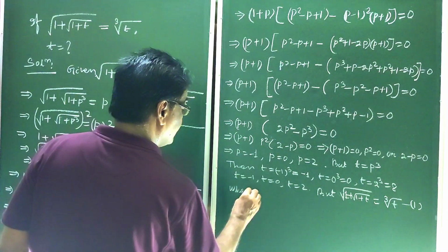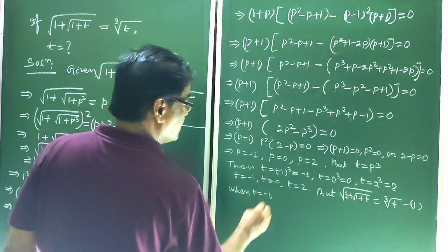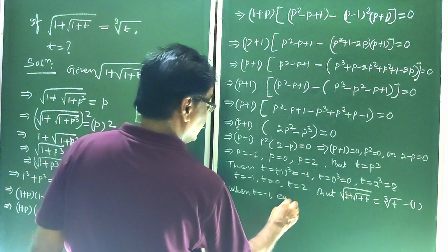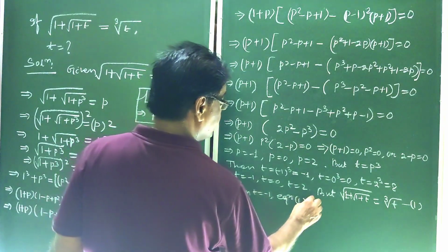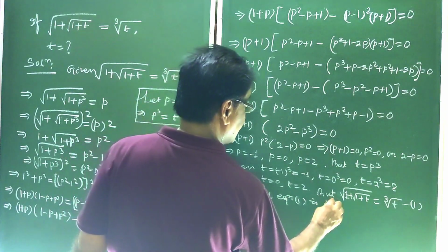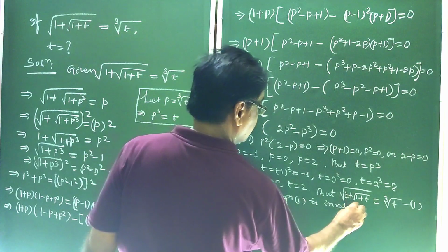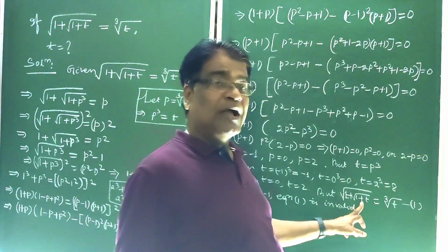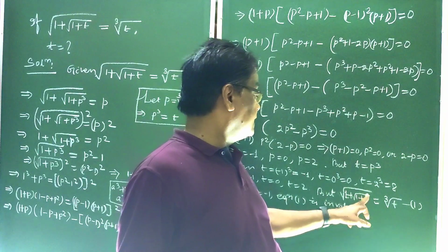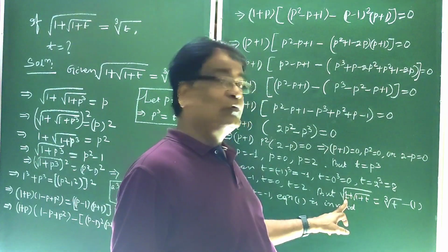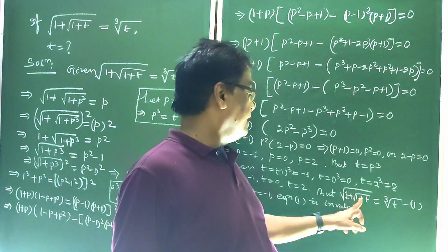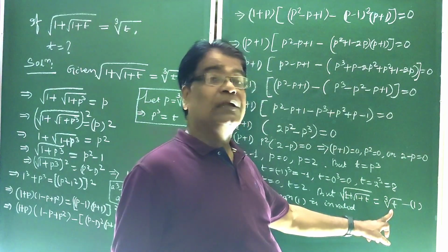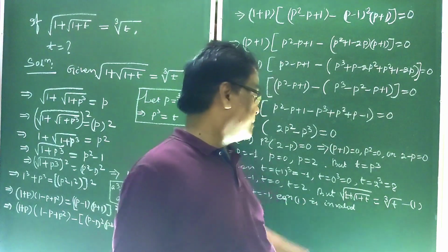When t is equal to −1, equation 1 is invalid. By putting t is equal to −1, here we will get this expression is 0, so the left-hand side is 0, and the right-hand side is the cube root of −1, which is not possible.